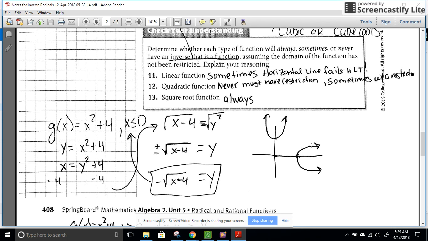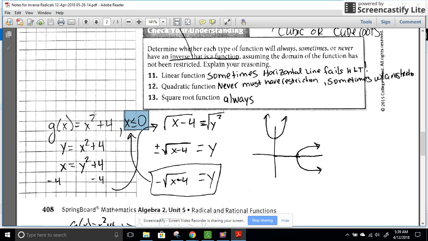So this branch right here is the graph of the positive square root of x minus 4. This branch down here would be the negative. So what I'm saying right here is this was added in after I worked this example.